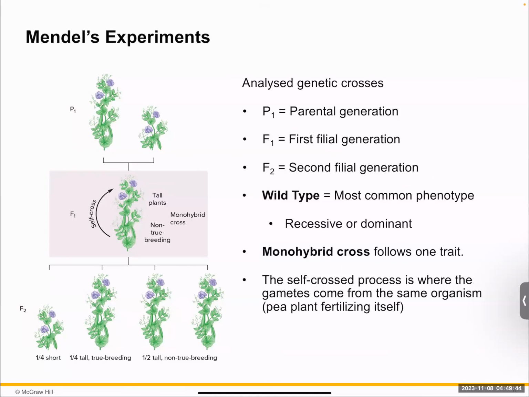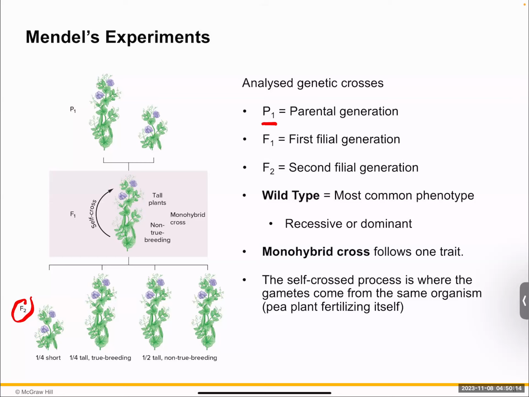So in this case, anytime we use, moving forward, P1, that implies parental generation. F1 stands for first filial generation, or basically the first line of offspring. And F2 stands for second filial generation, which is the second set of offspring created from the F1.